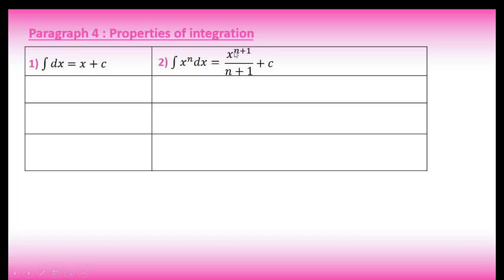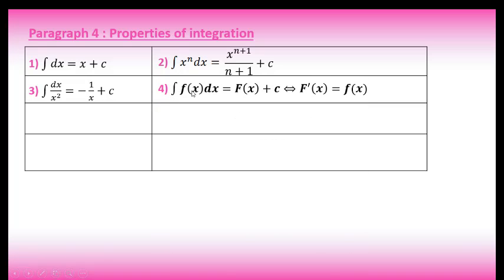Add 1 to get a new power and divide by it. 3. Integral dx over x squared is minus 1 over x plus c. I prove it. 4. Integral of 1/x dx: by definition, I remind you. 5. Integral dx over radical x, and later I prove it.